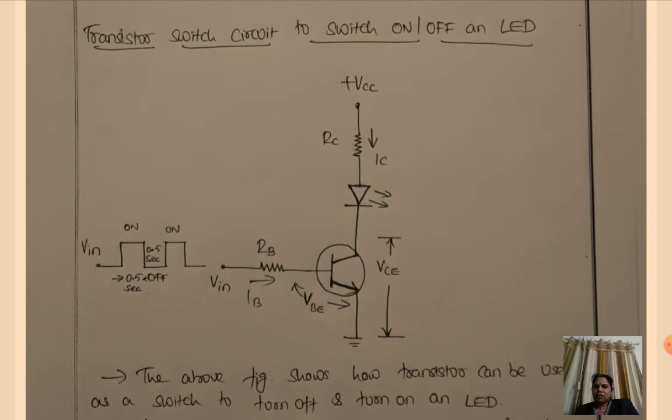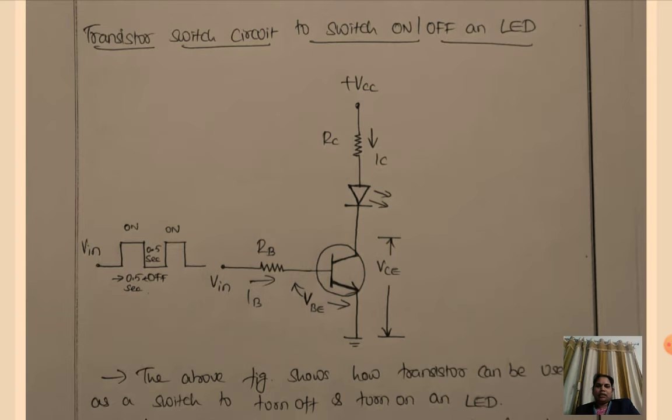As you are seeing here in the circuit diagram, it is an NPN transistor and it is biased with the help of an input voltage. A square input voltage is given with a time period of 1 second. That is, the on period will take 0.5 second, and the off period another 0.5 second. So one cycle totally takes 1 second.